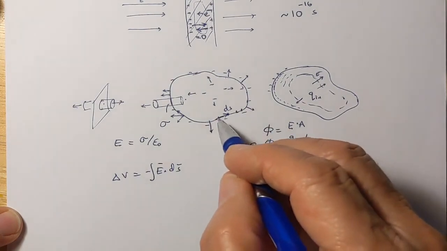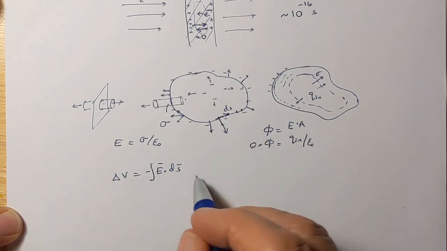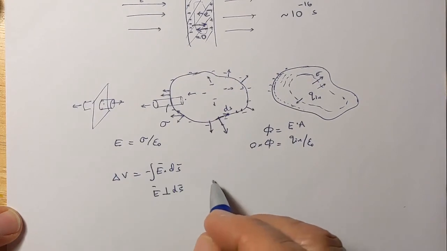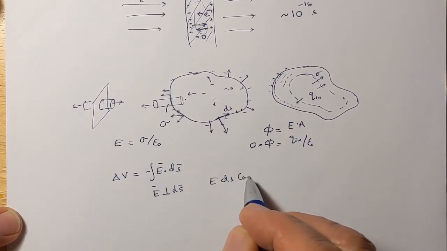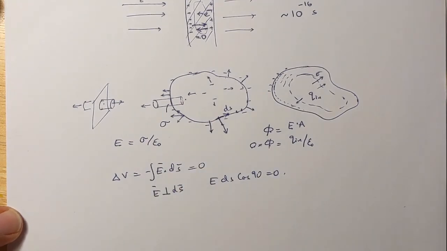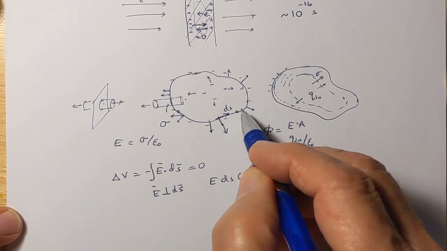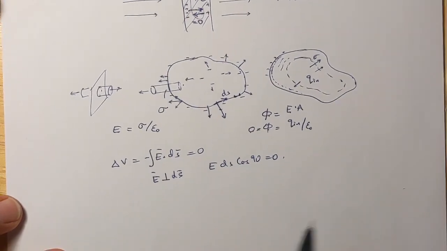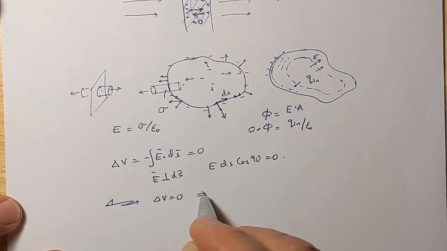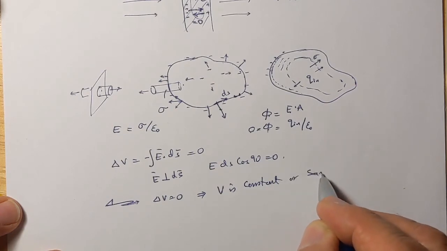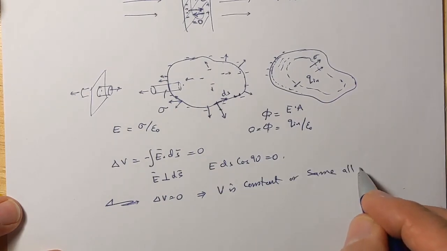E is outwards and ds is parallel to the surface, which means E is perpendicular to ds, and the dot product would be simply E ds cosine of 90, which is 0. So this term becomes 0, which means the delta V between any two points close to each other on the surface is 0. If delta V is 0, it means V is constant, the same all over the surface.